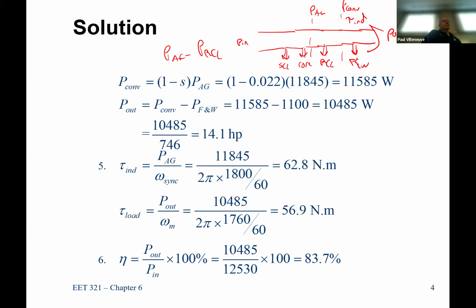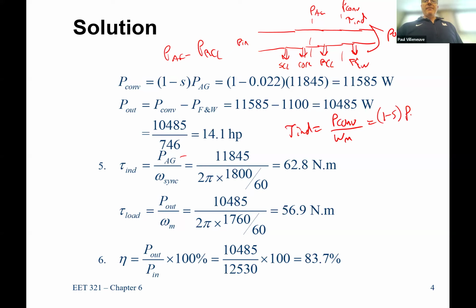But why didn't you use the power column to find the induced power instead of using the air gap power? Why did I use P air gap? All right, you want to use P converted? That's fine. So P induced is equal to P converted divided by omega sub m, right? But isn't P converted 1 minus S times the air gap power?